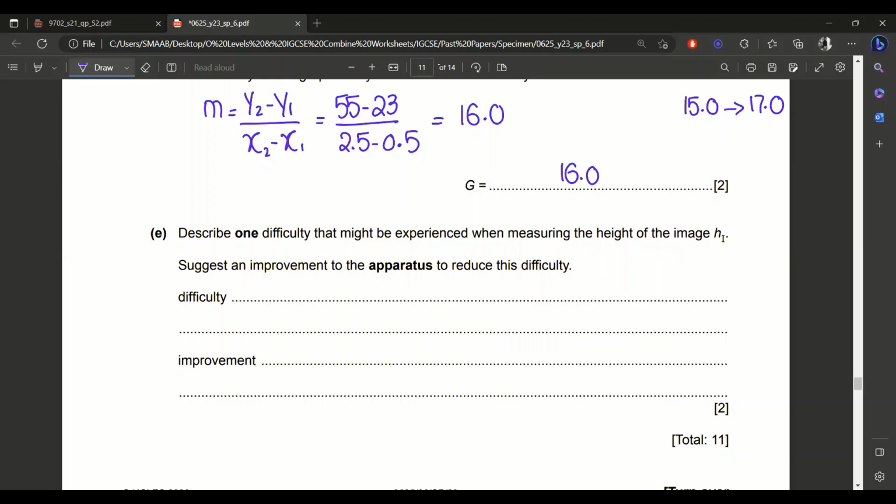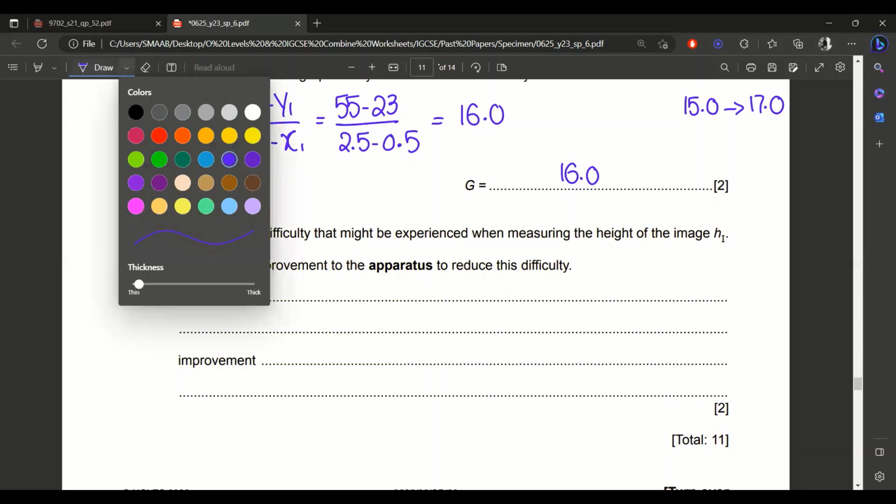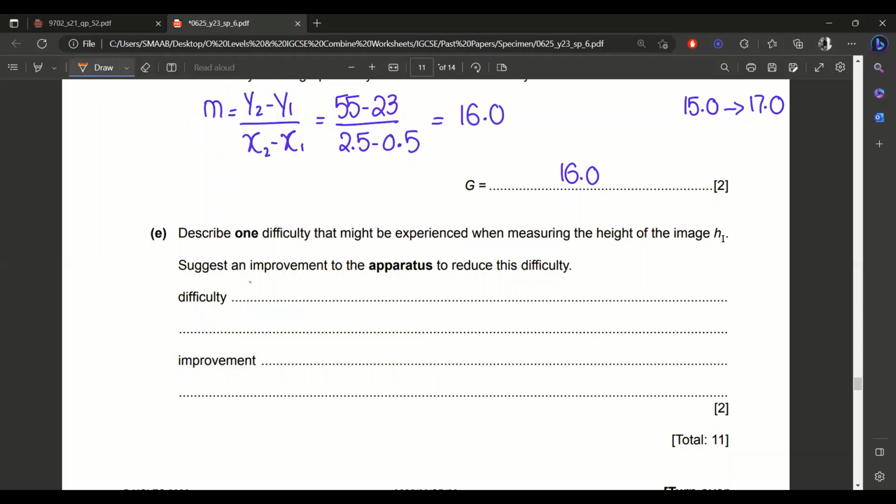And what do we need to do to improve it? First we write the difficulty. The difficulty is to measure the height of the image. I am writing in short over here.